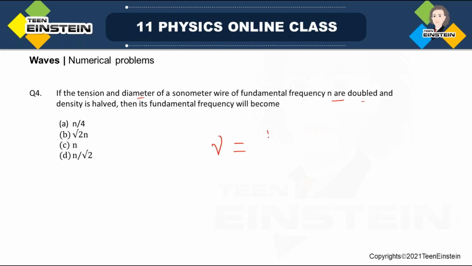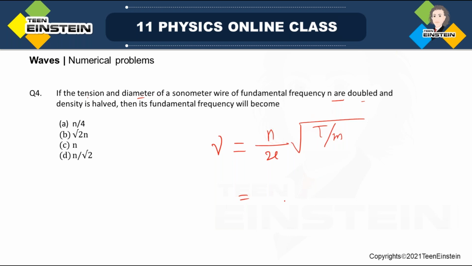So actually you have to find out the frequency formula. So we have got n divided by 2L root over T by M. Okay, so this formula can be replaced in terms of diameter and density. How to do that?